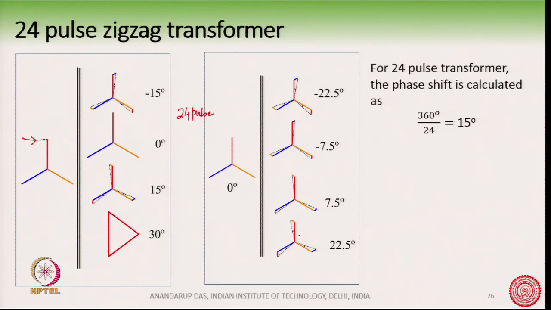So, if you have 4 zigzag transformers on the secondary, you can have 22.5, 7.5, minus 7.5 and minus 22.5 degree angles. Note that the difference is 15 degree between these outputs. But this arrangement is more symmetric as compared to this. This is more symmetric.